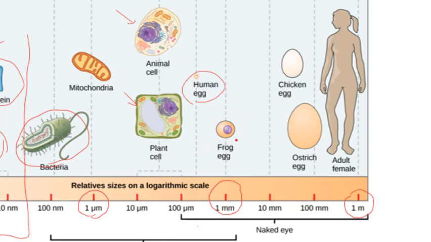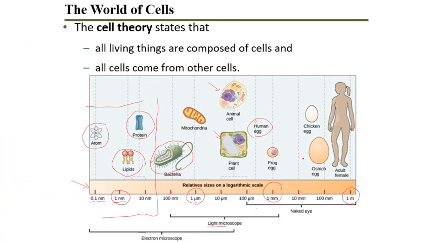A frog egg is much bigger, and of course we know the chicken and ostrich eggs, right? So what I want to give you here is just an understanding that we will be working and understanding and studying cells, and you will not necessarily see those cells all the time. You'll be able to measure what they do, but you won't always be able to see them.